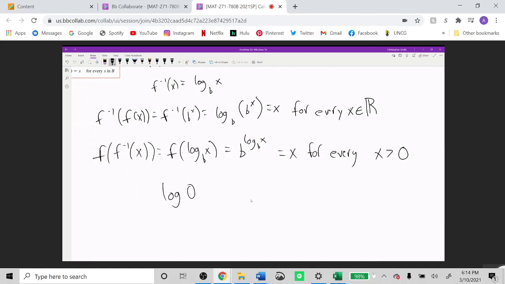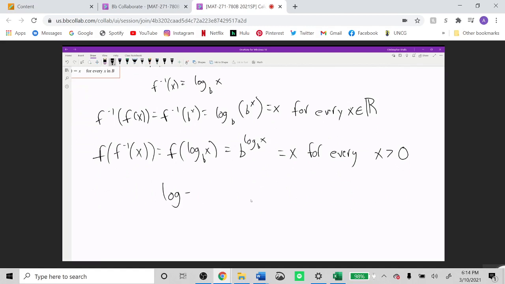Now if I don't see a base here, the base is implied to be 10. This is called the common logarithm. This is asking me, what power do I have to raise 10 to in order to get 0? Well, there's nothing I can raise 10 to in order to get 0, is there? There's no power that exists.